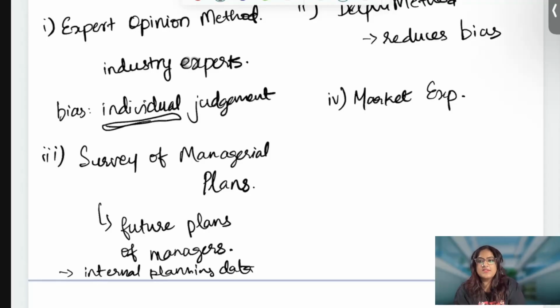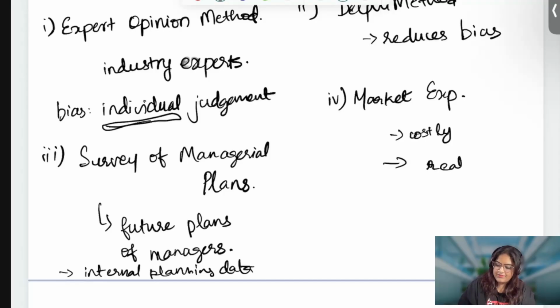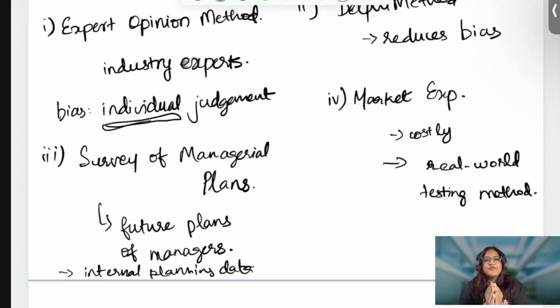Based on the response, future demand is estimated. This method provides practical and more reliable results, but it can be very costly. This is a real world testing method.